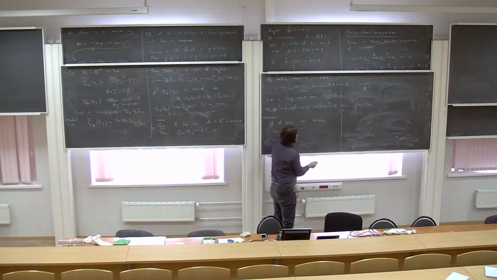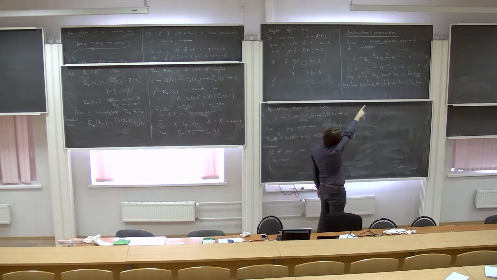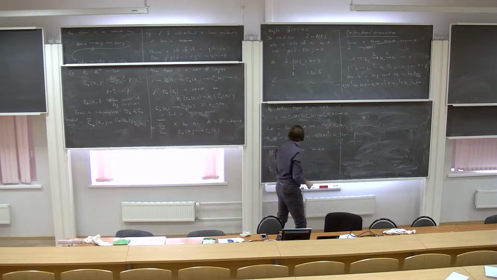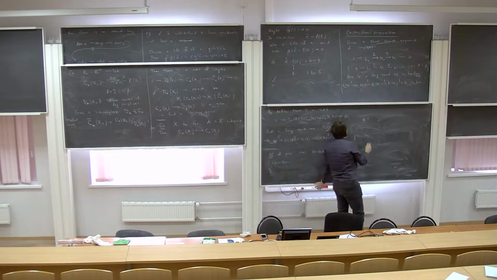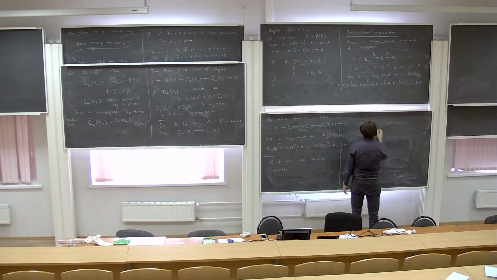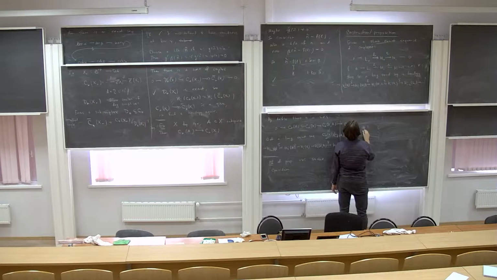Here, when I wrote my maps of short exact sequences, I wrote them horizontally, so I'm going to rotate it. Maybe I don't need to rotate. Yeah, I don't think I need to rotate.